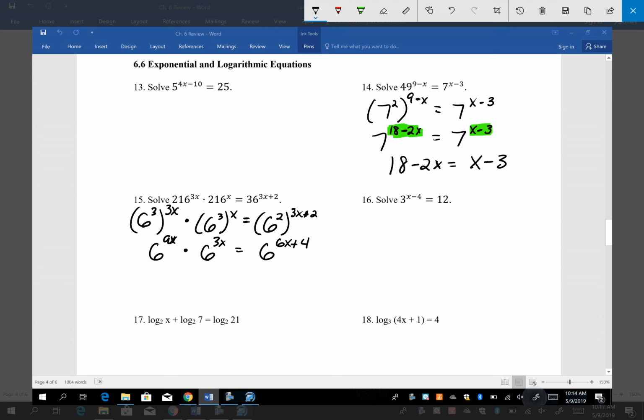Very good. Now this actually harkens back to your middle school days where you have multiplication with the same base. What should I do to these exponents, 9x and 3x? You should add them. It becomes 6 to the 12x. You just added them.